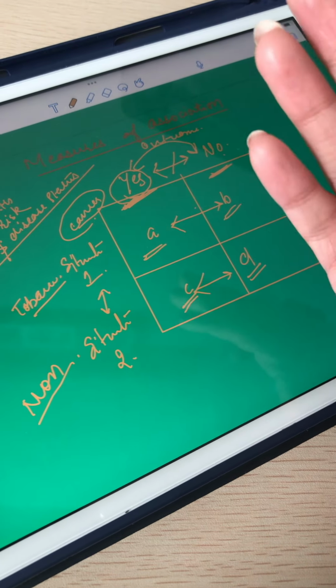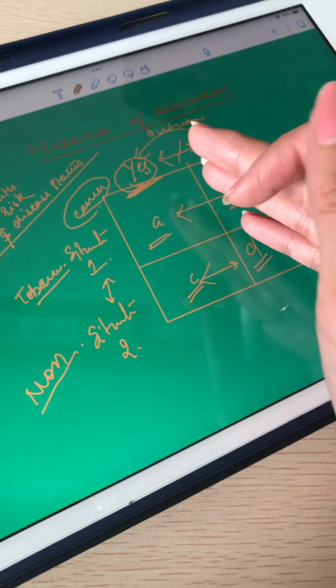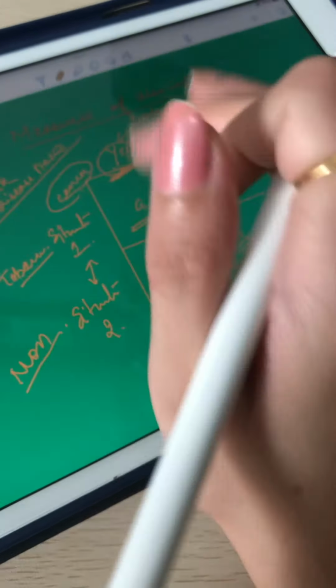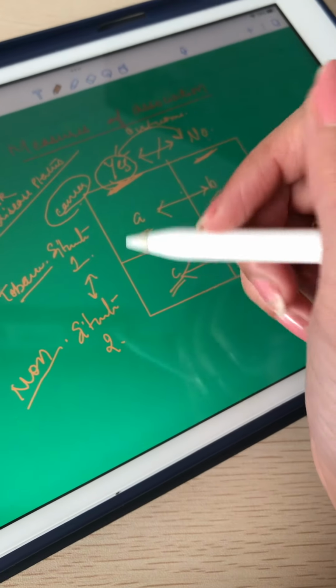Okay, now another criterion which can be followed is not considering this part but only this part, which is having cancer, people having cancer, irrespective of the fact they are eating tobacco or not. The only question is having cancer. Out of this population, how many people are having cancer?